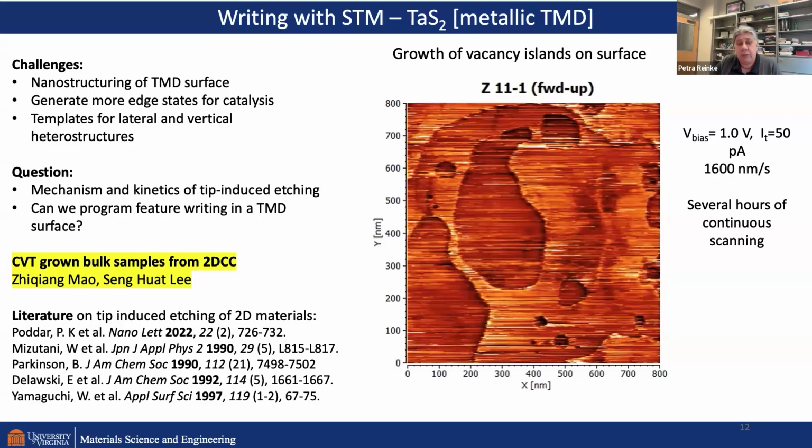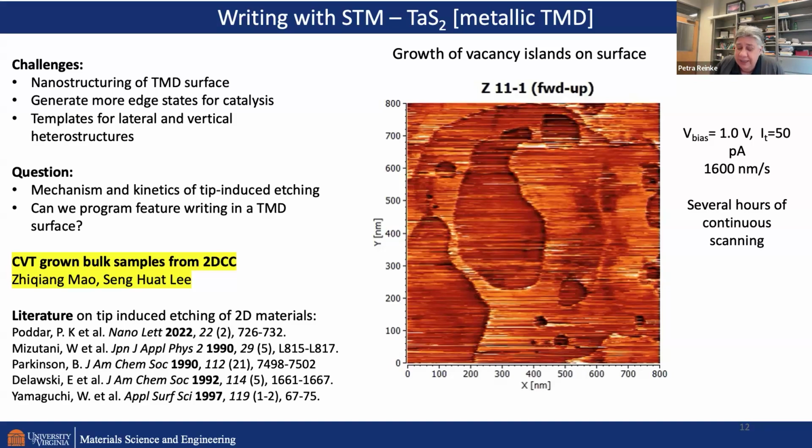Let me point out that while this is annoying, if you want to study these materials, it's at the same time an opportunity. The question is, can we control how we structure the TMD surface to have a lateral structuring, a lateral template, which we can use to make not just stacked heterostructures, but really integrated heterostructures?